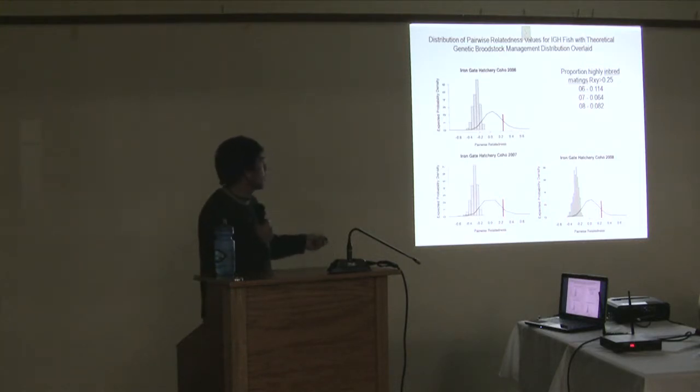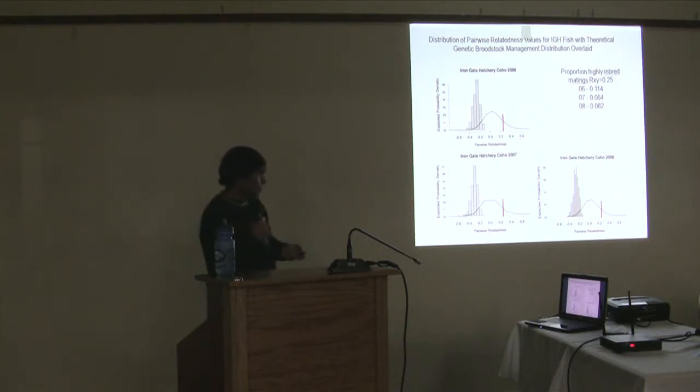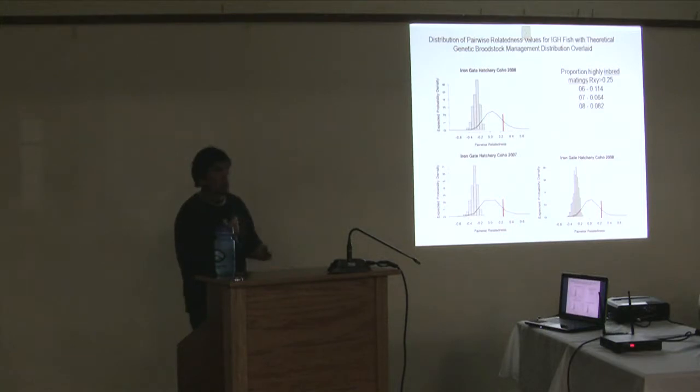So what this represents is, in 2010, when we did this analysis, the last 3 years for which we had data on Iron Gate broodstock were 2006, 7, and 8. And what we did here is to calculate, based on the genetic data, the distribution, that's the bell curve-ish looking thing here, of relatedness values between all pairs of individuals that were returning to Iron Gate and used as broodstock.